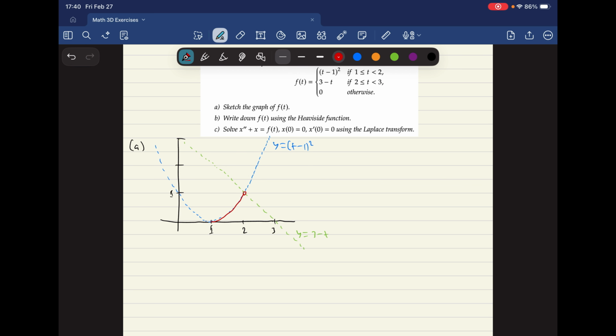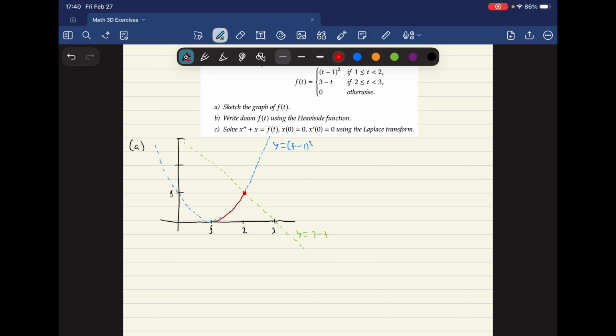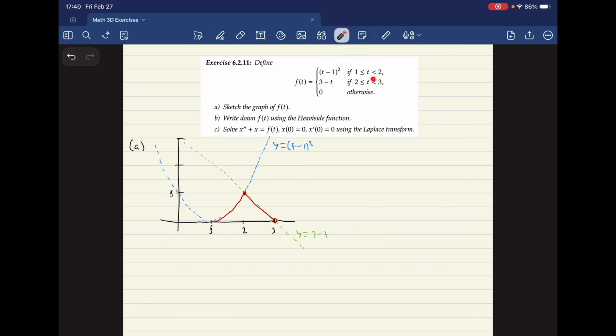So once again, I'm going to take my red pen, and notice that the value of 3 minus t is equal to 1 when I plug in t equals 2. So I do end up filling this red circle, as I mentioned. And I'm going from 2 to 3. Now we're going to go over here, and I'm going to draw an open hole right here for now because we don't include the endpoint 3.